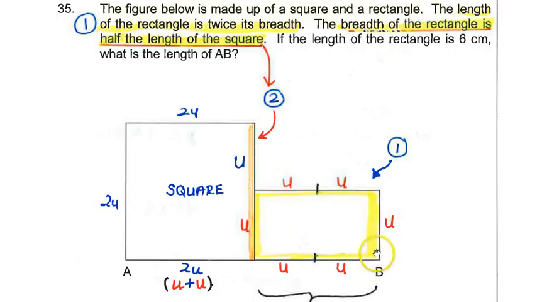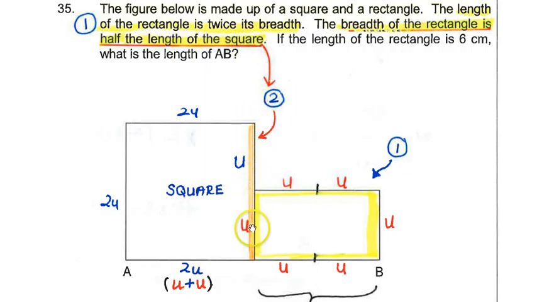And in fact, if you're smart enough, take a look. Actually, the total sides, there are 6 equal lengths. The only thing is that this part is 2 times the breadth. Okay, now the breadth of the rectangle is half the length of the square, number 2.